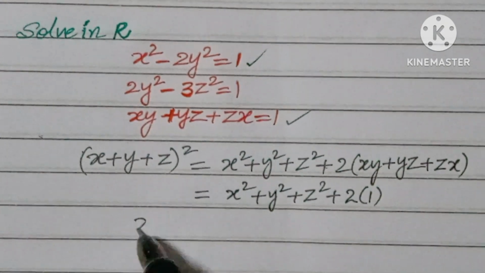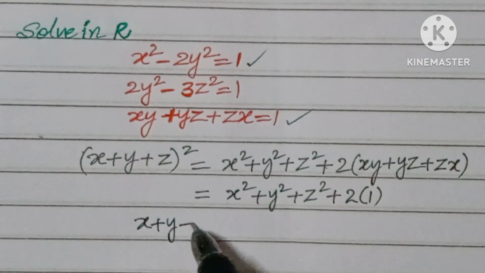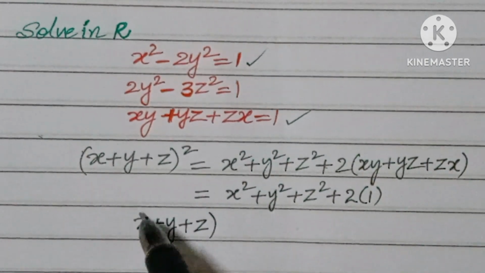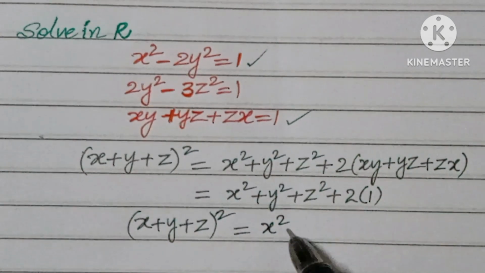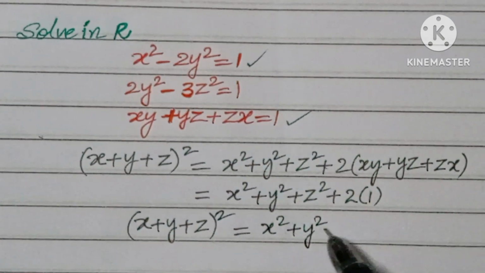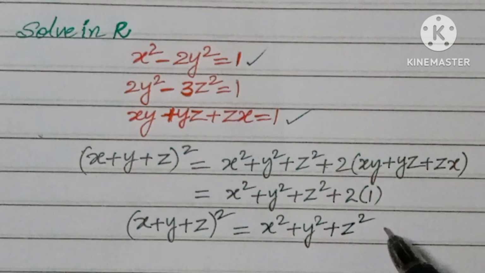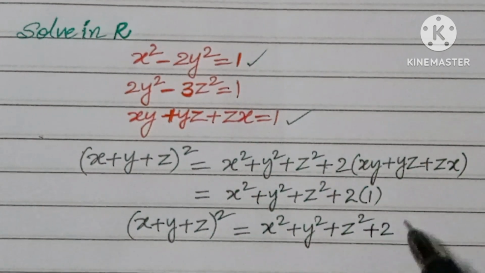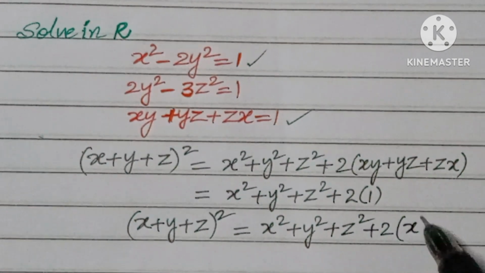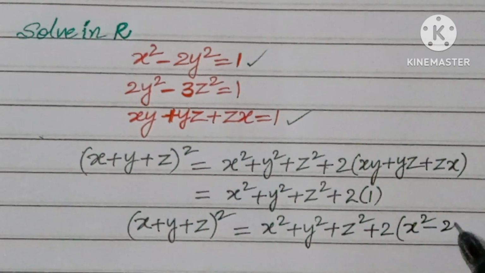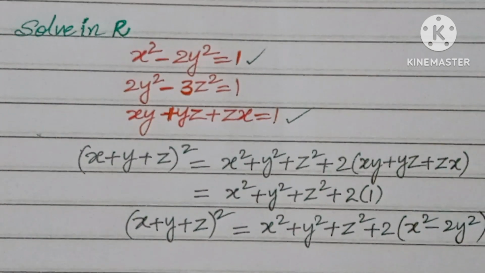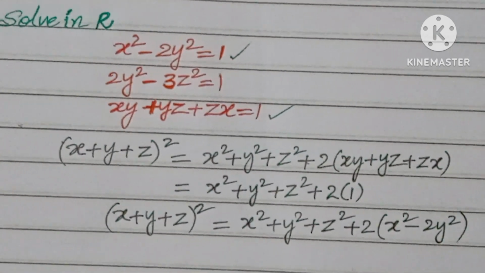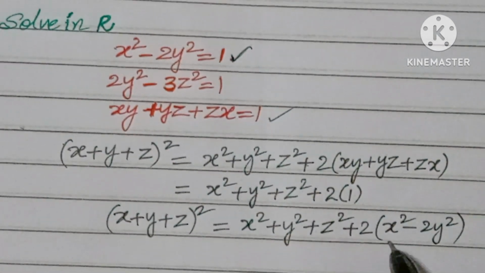So here x plus y plus z whole square is equal to x square plus y square plus z square plus 2 into x square minus 2y square. You're replacing the first equation in the place of 1.